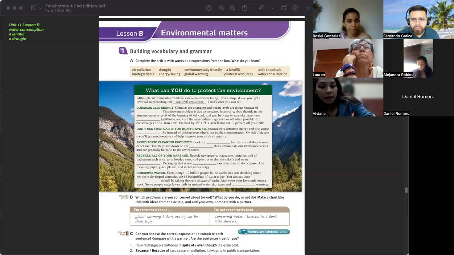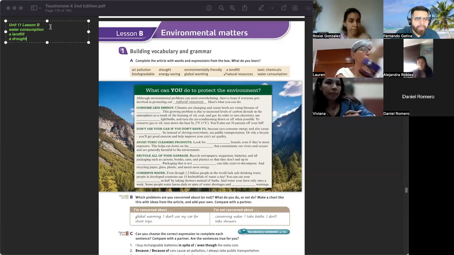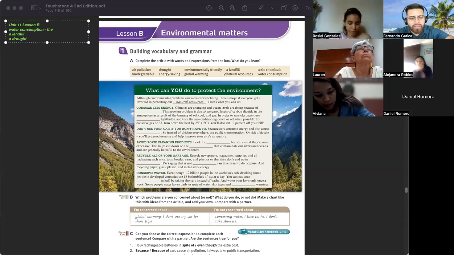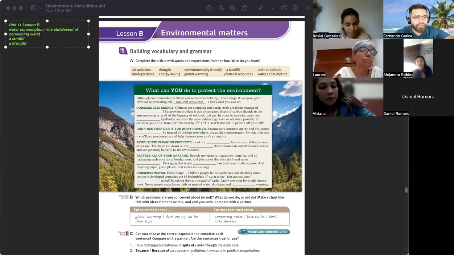So water consumption means the state or event of consuming water.